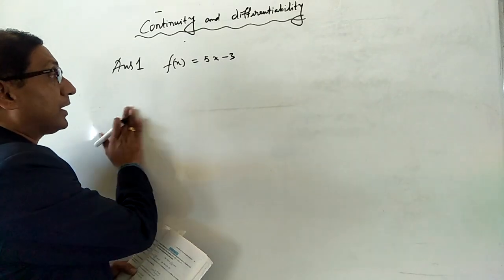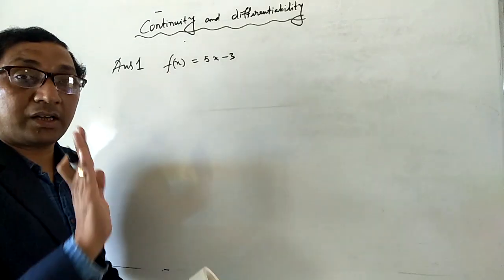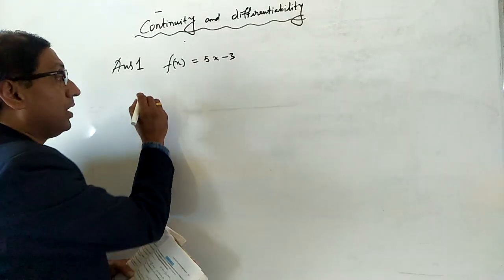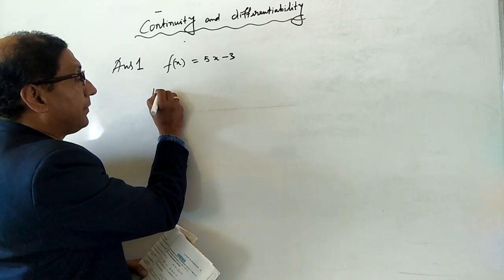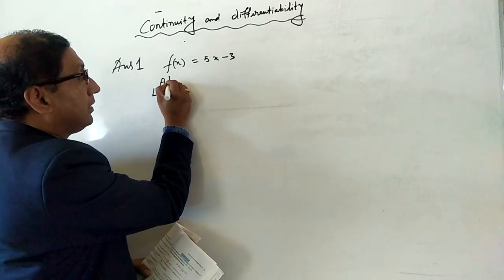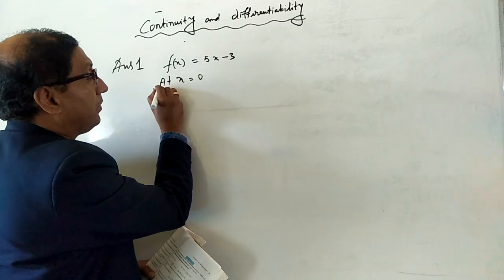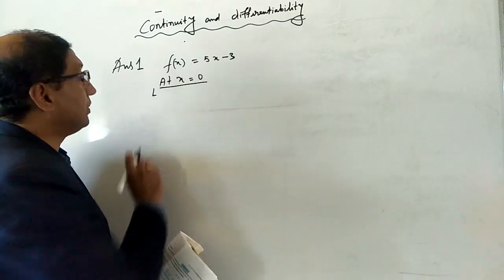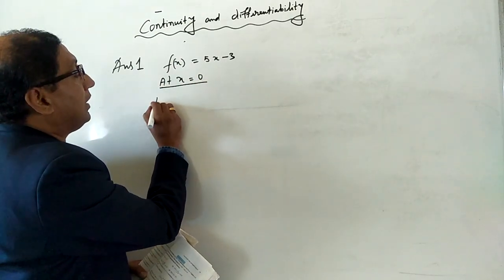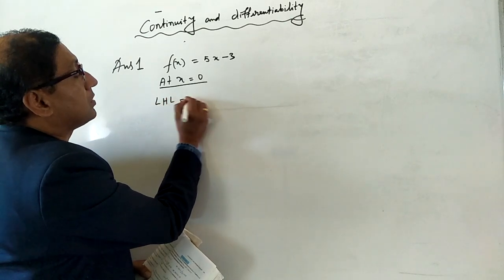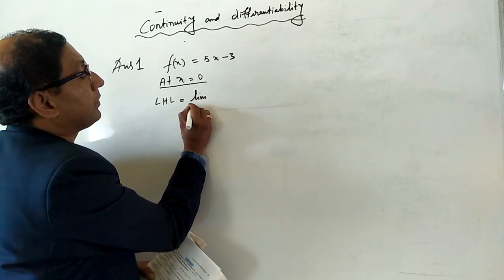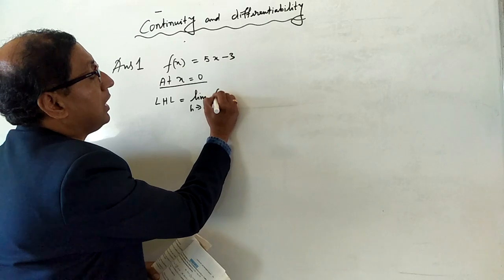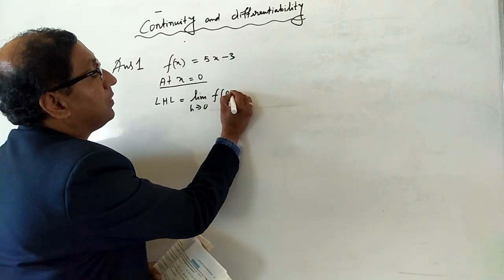So how can we check whether this function is continuous at x equals 0? We will have to find the left hand limit. So first write, at x equals 0. So first we will find the left hand limit. So limit h tends to 0, f(0 minus h).